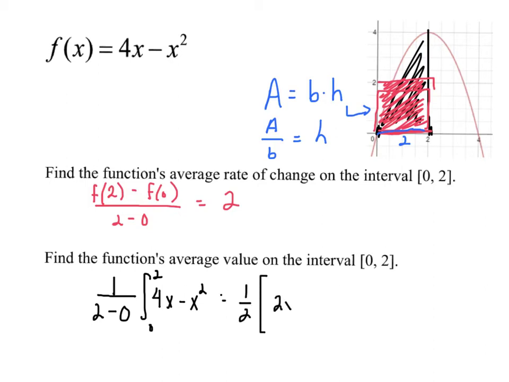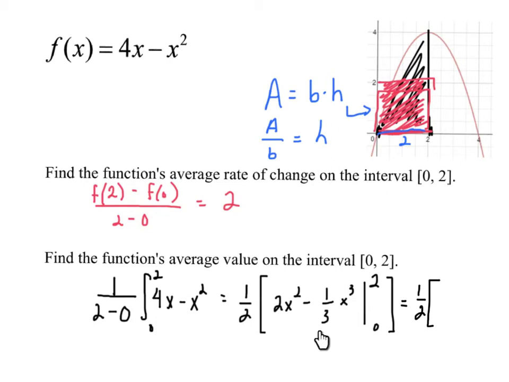Antiderivative would be 2x squared minus 1/3 x cubed, evaluated at 2 and 0. You plug in 2. We still have 1/2 here. We plug in 2. We're going to get 8 minus 8/3, which is 16/3.